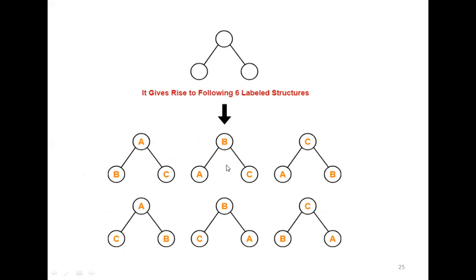And we can also give this type of label: this is B, this is A, and this is C. And we can also do this way, C, A, C, B. And we can also do B, C, A or C, B, A.